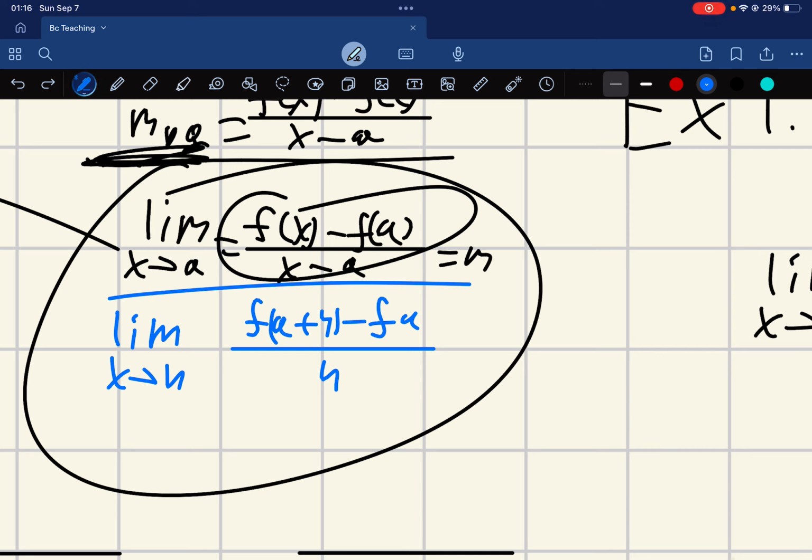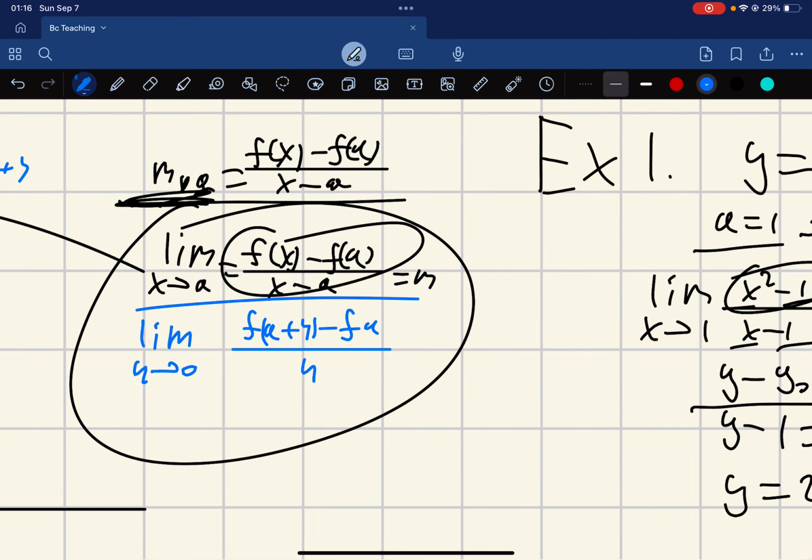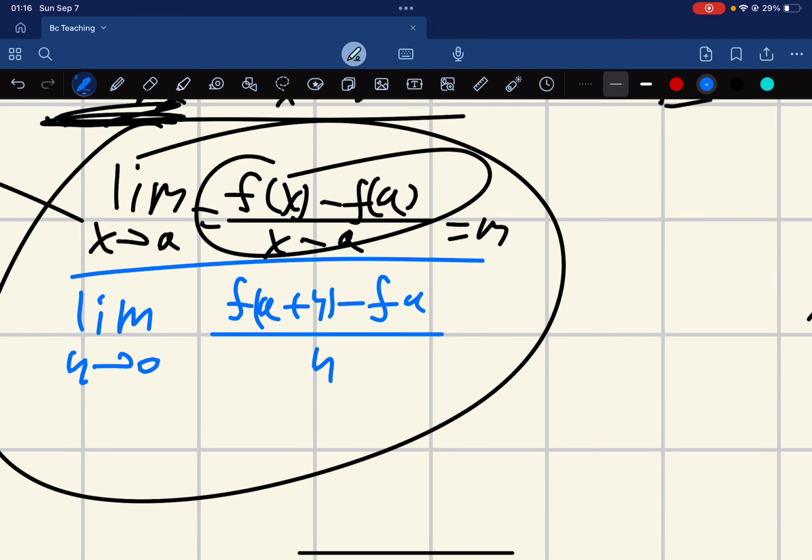The limit as h approaches 0 of f of a plus h minus f of a, divided by h.